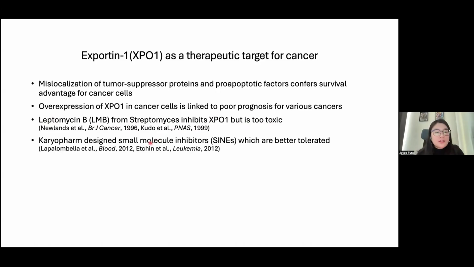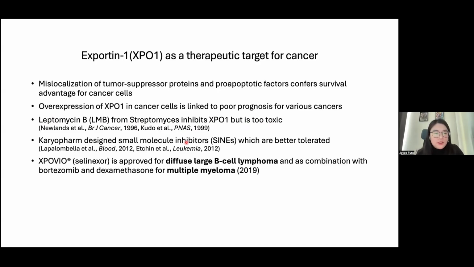Later, in 2012, Karyopharm designed some small molecule inhibitors called SINEs, which turned out to be better tolerated. One of which, called selinexor, with the trade name Xpovio, is approved for diffuse large B-cell lymphoma alone, as well as in combination with bortezomib and dexamethasone for multiple myeloma, and the approval came in 2019.